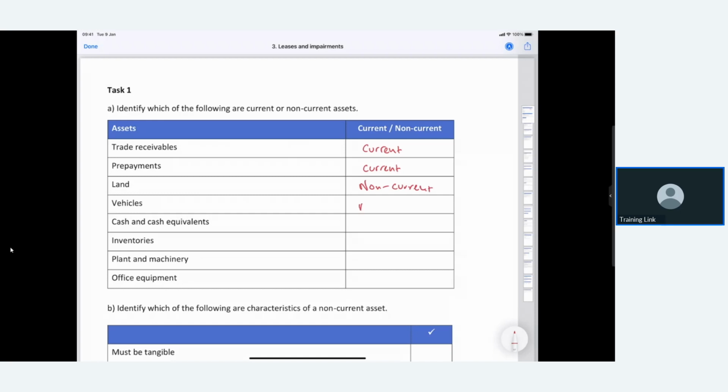Vehicles, again, non-current. Cash and cash equivalents would be current. Inventories, again, current, as we'd use those within 12 months. Plant and machinery, definitely non-current. And office equipment, which could include a range of things, would be a non-current asset.